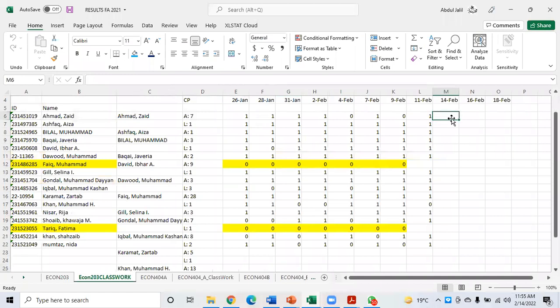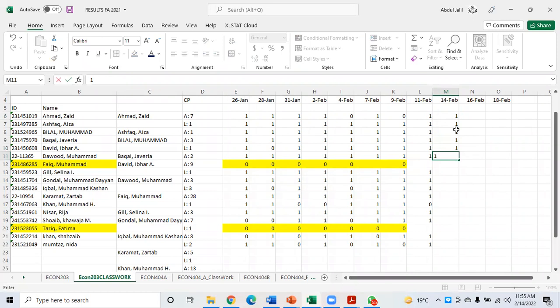Okay. Zaid Ahmed, Present, sir. Aiza Ishfaq, Present, sir. Bilal, Juveria, Present, sir. Ibhar David, Present, sir.